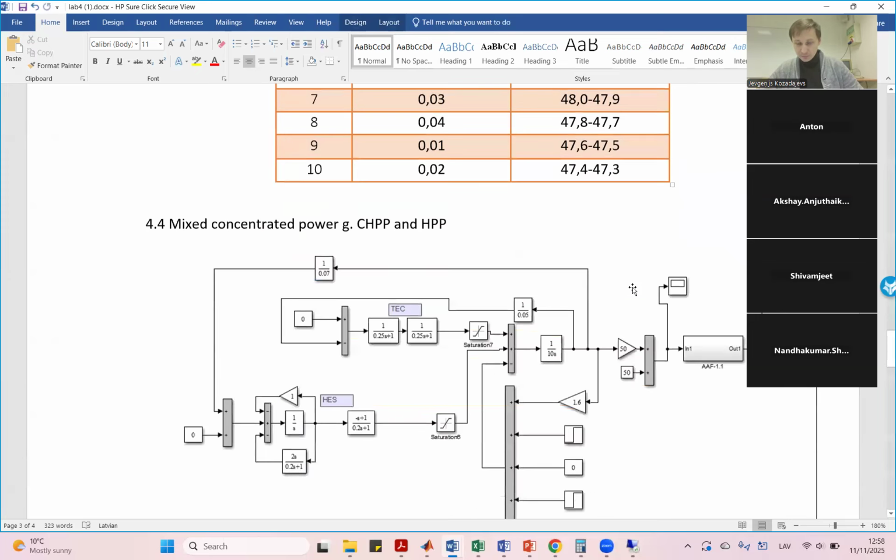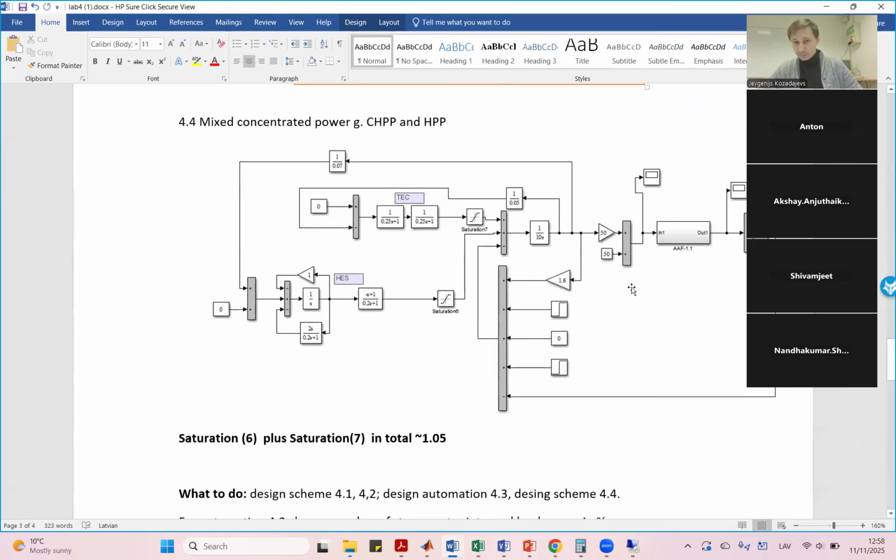And the last one, when we make the scheme once more realistic, because as we discussed, it is quite rare that in a real power system, power generation is represented by only one type. That's why this is the solution for how we could make a scheme for a power system with different types of power generators.